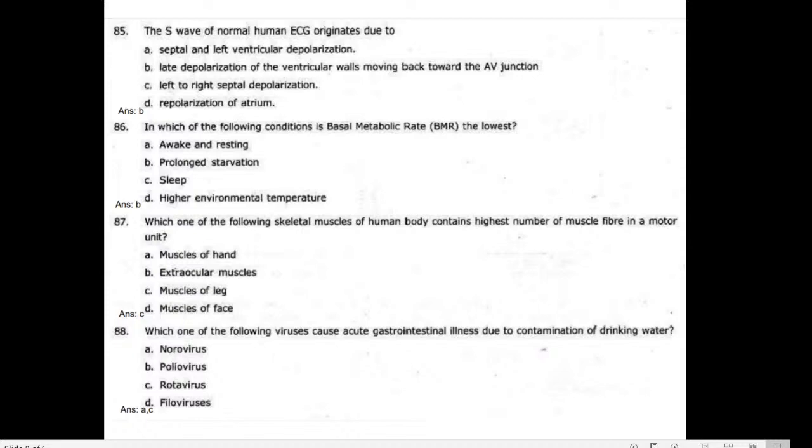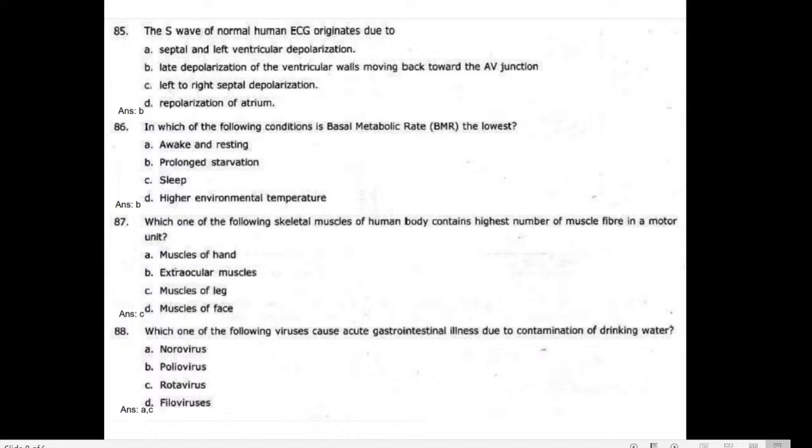Next, they mentioned the filovirus. This is a family that includes the Ebola virus.